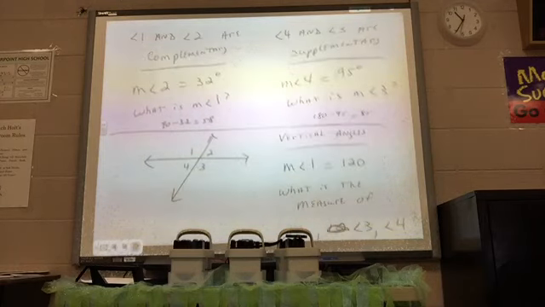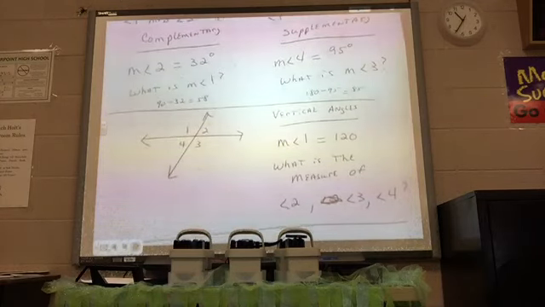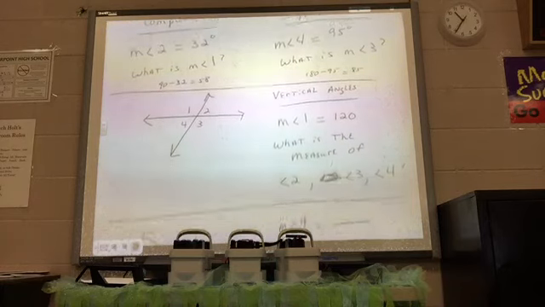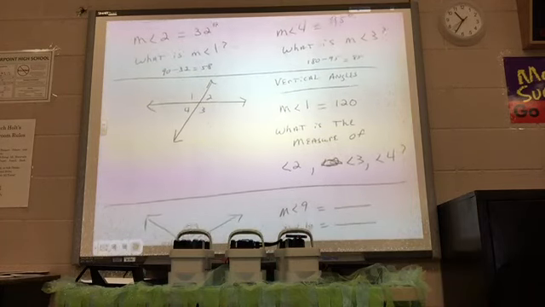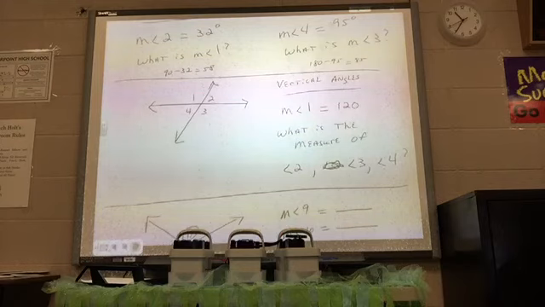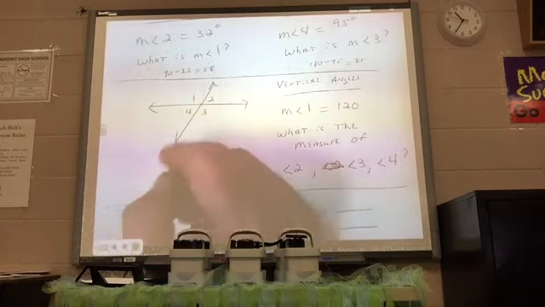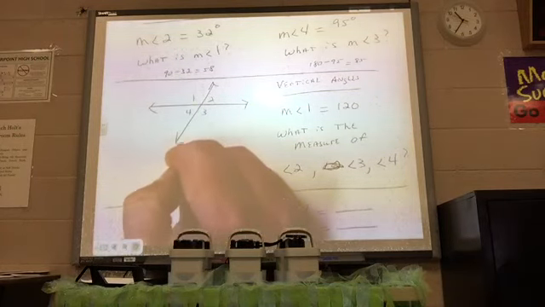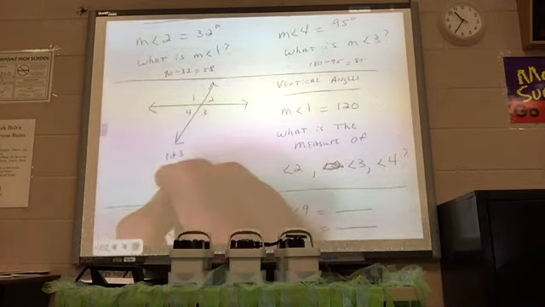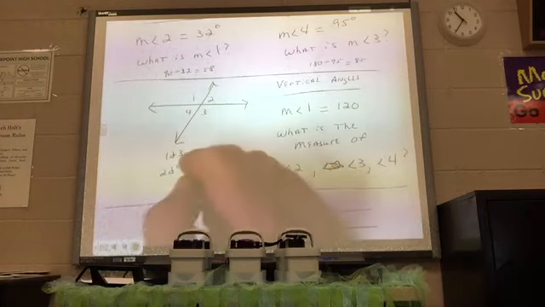All right. Vertical angles. What do you know about vertical angles? If they cross, they share a common point. There, angles 1 and 3 are vertical, and 2 and 4 are vertical.